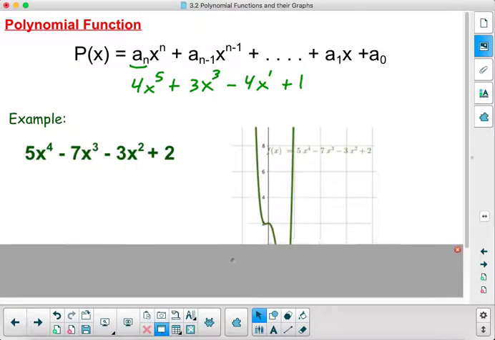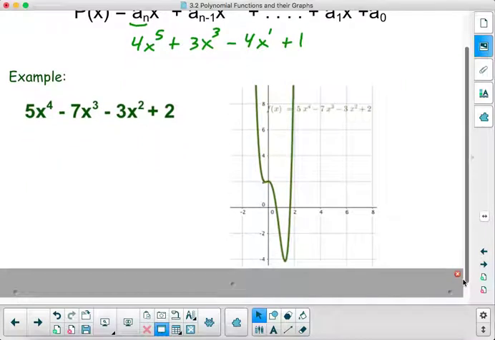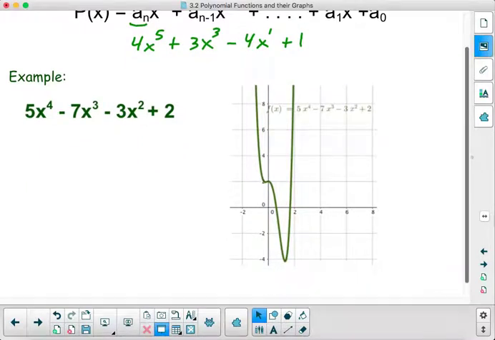We're going to spend the next week-ish looking at polynomials. Here's a different example that I wrote down before of 5x to the fourth minus 7x to the third minus 3x squared plus 2. What makes polynomials so special and why math people really like them is the fact that when you graph them, they're always continuous.